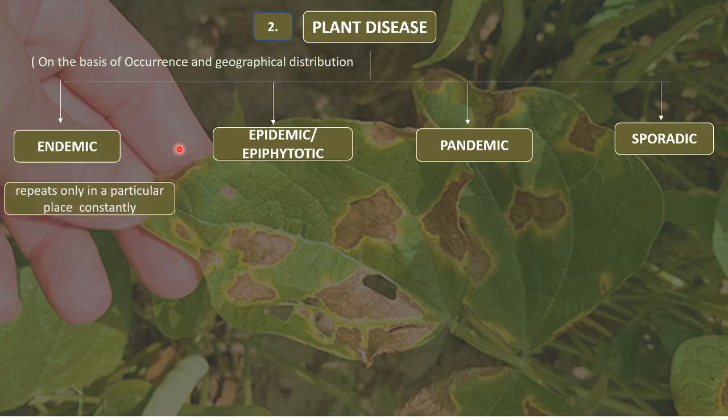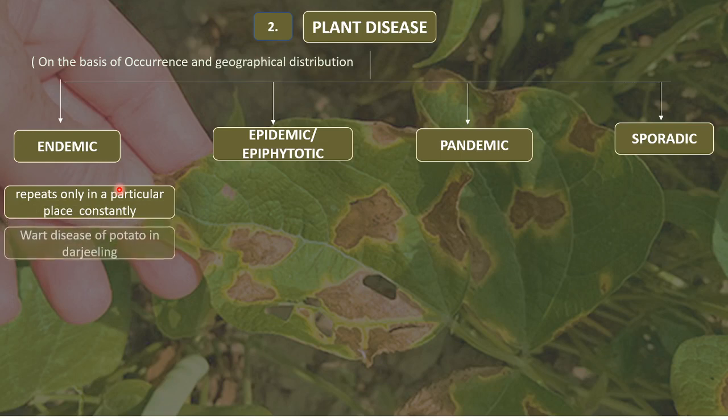First of all, in endemic, the disease repeats only in a particular place constantly. That means this disease is going to infect plants only in a particular area. Say, for example, there is the wart disease of potato in Darjeeling.